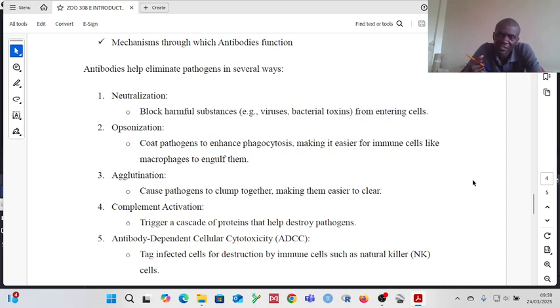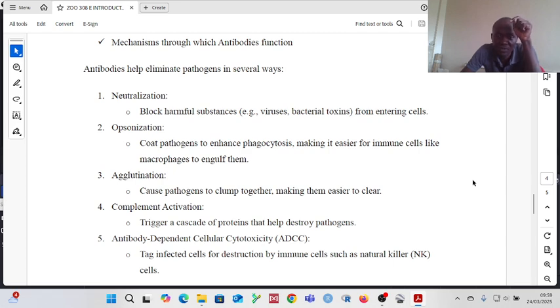The fifth is the antibody-dependent cellular cytotoxicity. So with this, infected cells are tagged for destruction by immune cells. Some cells which are infected are given a tag so that the specialized immune cells that will come and kill such cells, for example, the natural killer cell, will now come and destroy the cell that has been tagged.